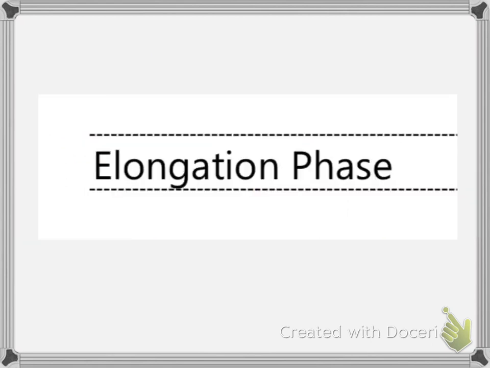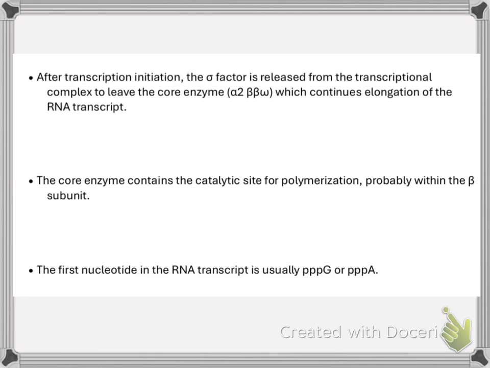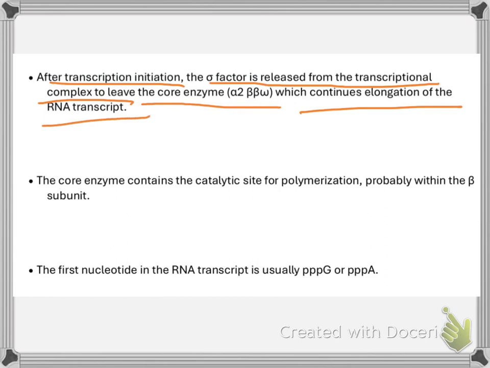Next we can discuss the elongation phase. After transcription initiation, the sigma factor is released from the transcriptional complex, leaving the core enzyme, which continues elongation of the RNA transcript.